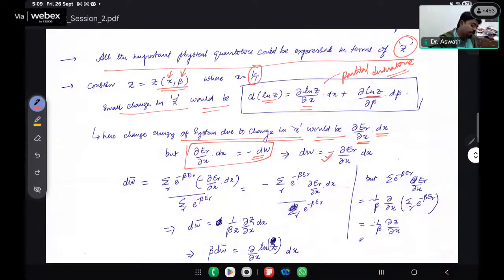How much work is done on all the possible qubits? There are so many qubits, and on each qubit we do some work. What is the average work done overall on each qubit? It is just like the average energy we are calculating.